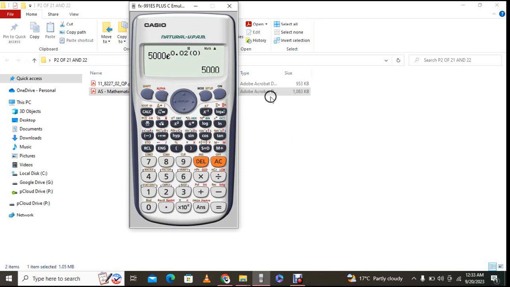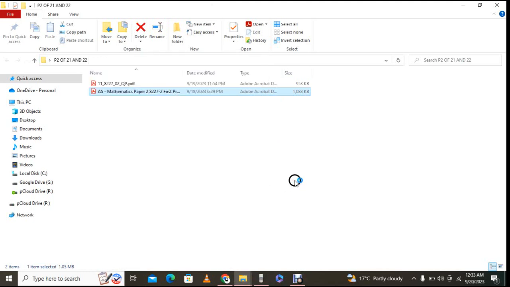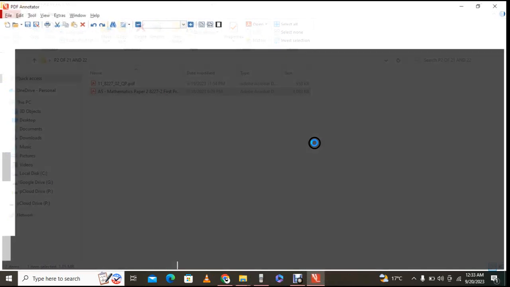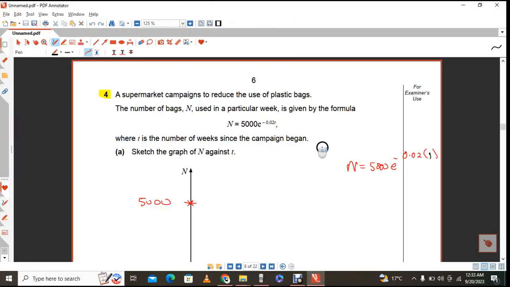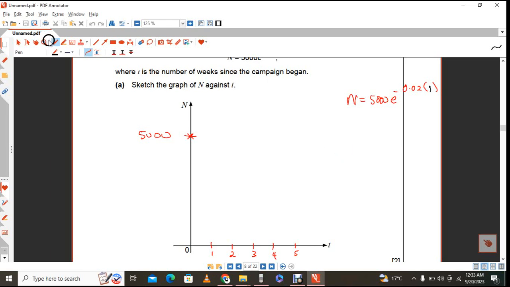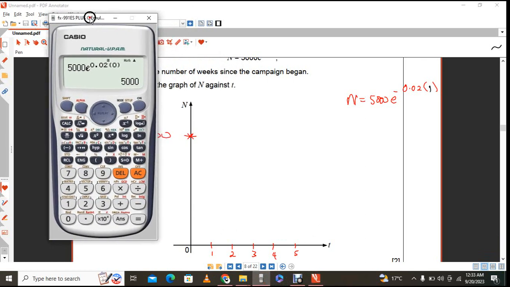Let's go ahead and open our document again to take us back where we were. Now if I make the value of t to be 1 over here, you will see that it reduces.